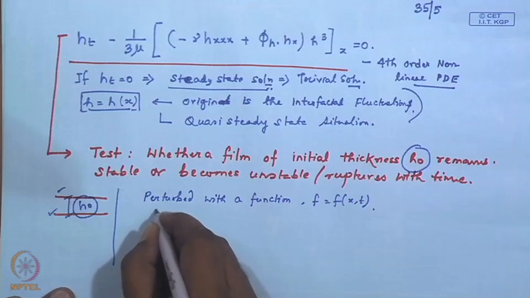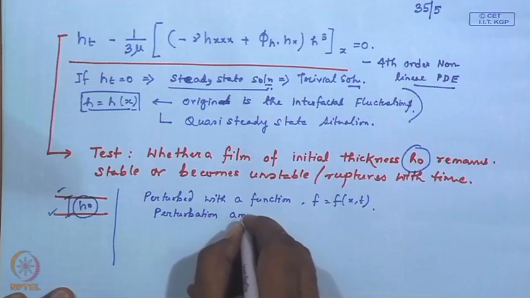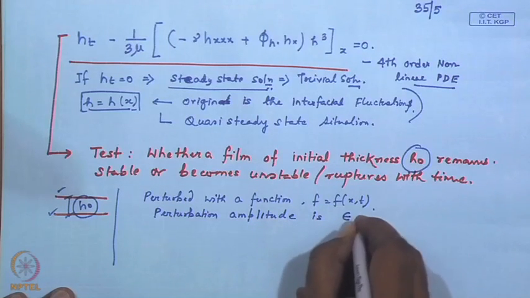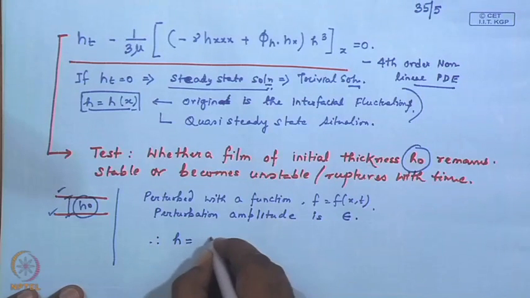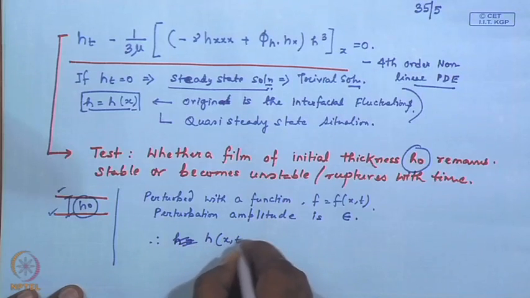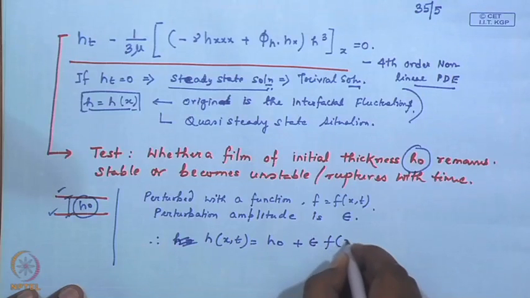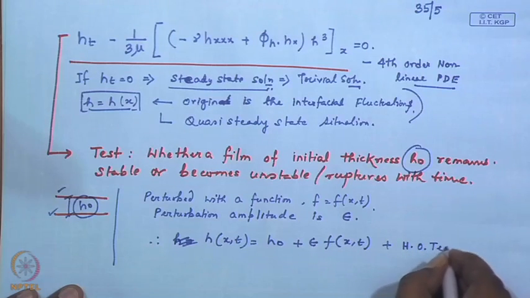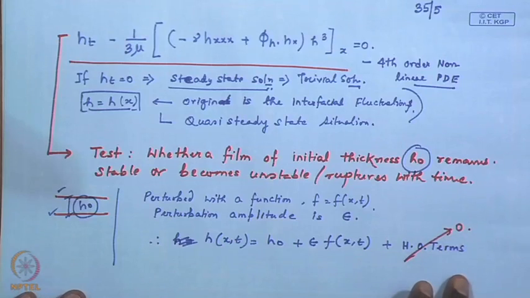And let us say the perturbation amplitude is epsilon. So, therefore, h(x,t) becomes h0 plus epsilon into f(x,t), and we neglect any possible higher order terms.